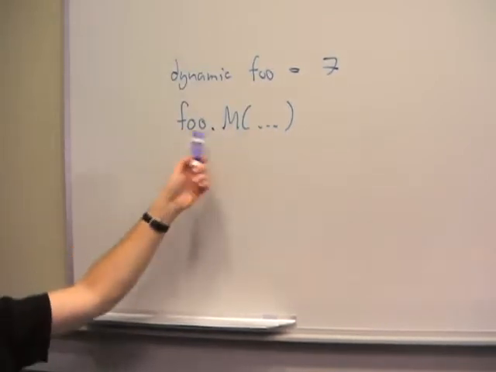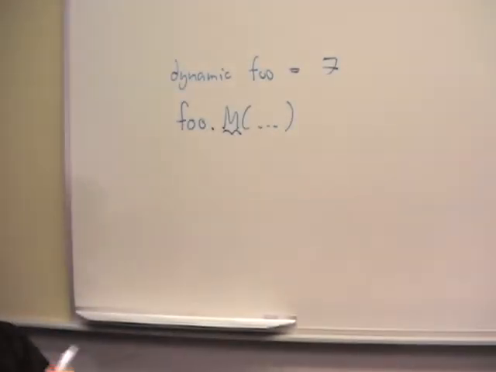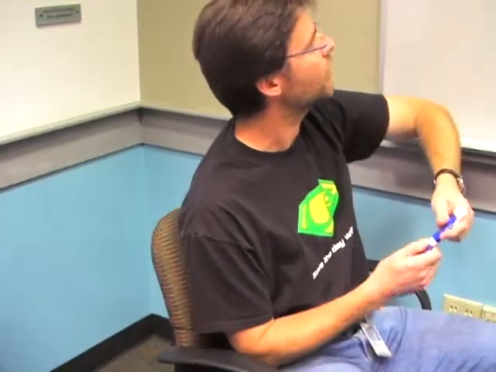Instead, it's going to keep stuff around, like the name of the method and the argument you passed, stuff them somewhere for runtime, and at runtime it will be dispatched according to whatever the object is. So 7 wouldn't have an M, so you'd get a runtime error here instead of a compile time error. But you may have objects that respond to this, or you may do something that 7 actually knows.